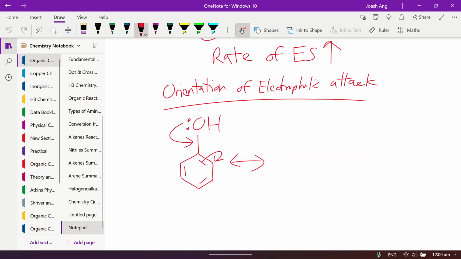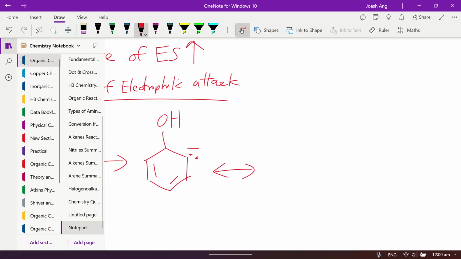Okay, so you can see over here that we will actually draw resonance structures. Can you see that my second position gets the negative charge? And this will go over here.